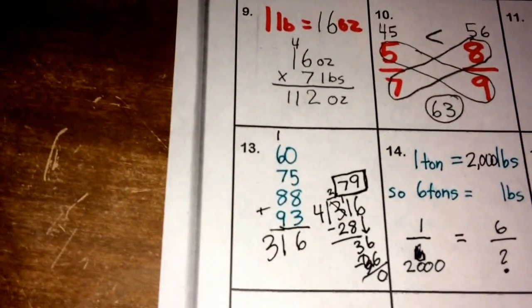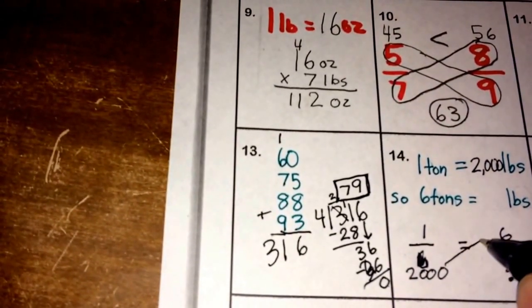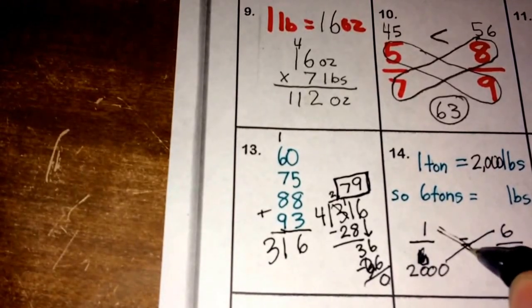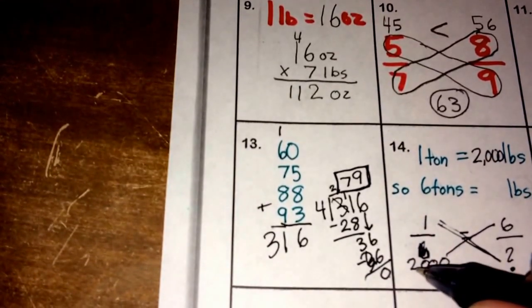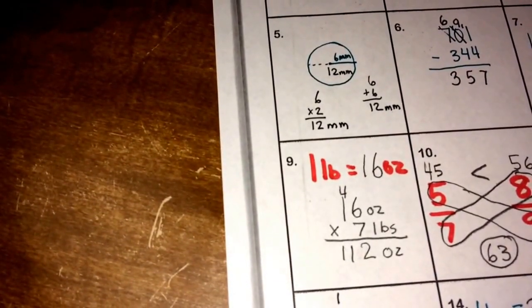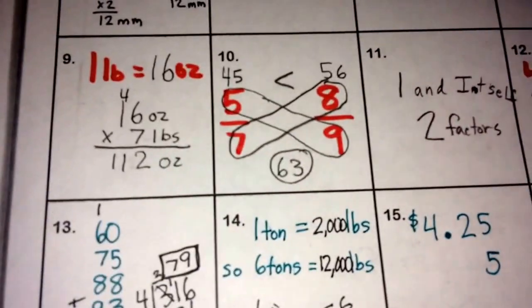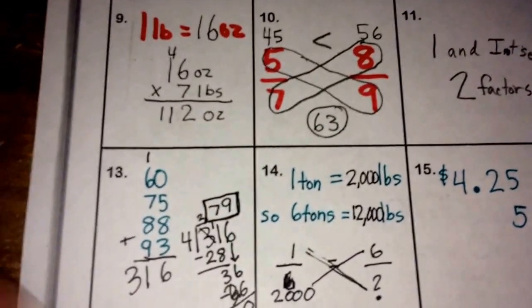Well, now we just do a cross multiplication here between these two and these two. And I know that 6 times 2,000 is actually going to give me 12,000 pounds. 12,000 pounds are in 6 tons.